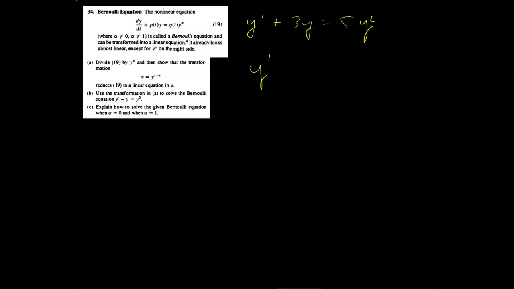Now, you also could run across something that looks like this, and I more often see dy/dt, say we have a 1 over y squared, plus 1 over y is equal to 7, something like this, where this is actually equivalent in form to a Bernoulli equation. If you had multiplied everything by y squared, it would look very close to what's up there.